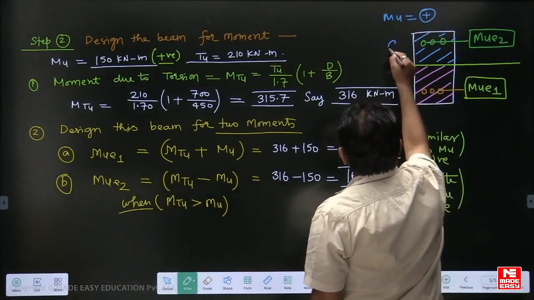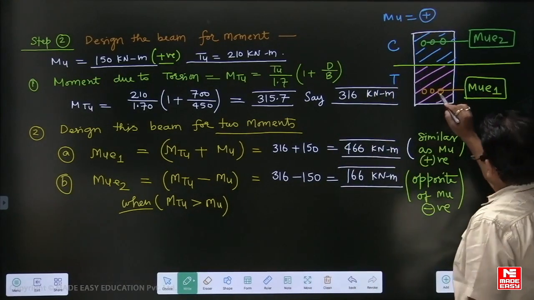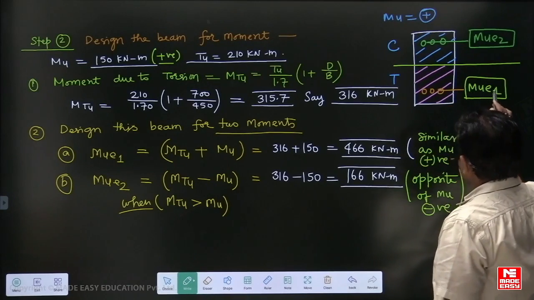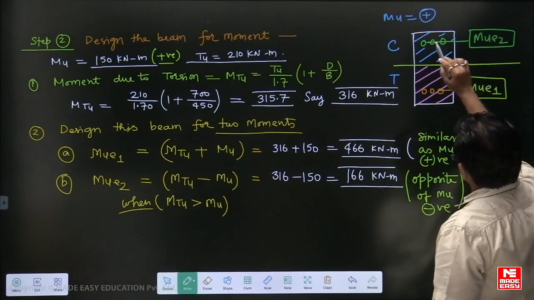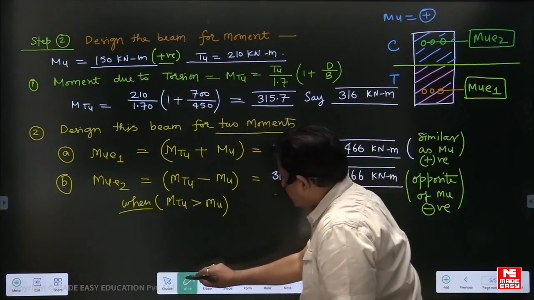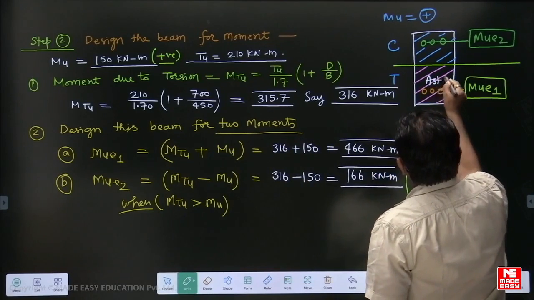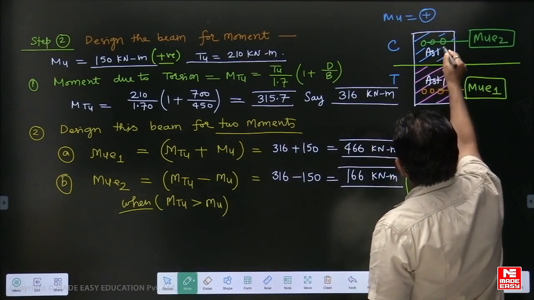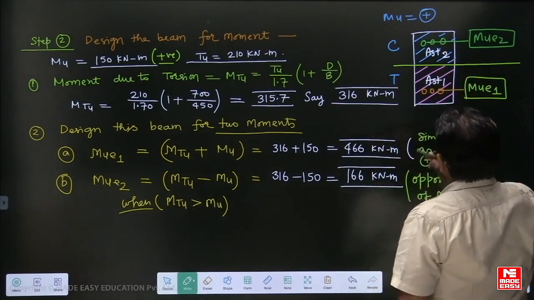For that, this is compression, this is tension. So this reinforcement for Mu equivalent 1 you will provide on the tension side, but for Mu equivalent 2 you will provide on the compression side. Let's name these two reinforcements. Suppose this is AST1 and this is AST2.